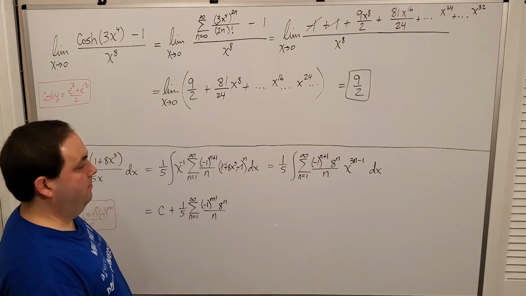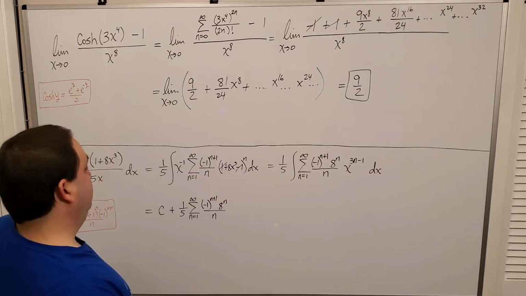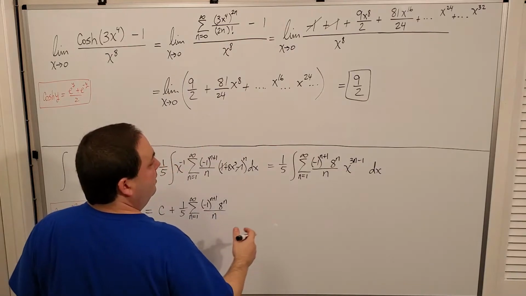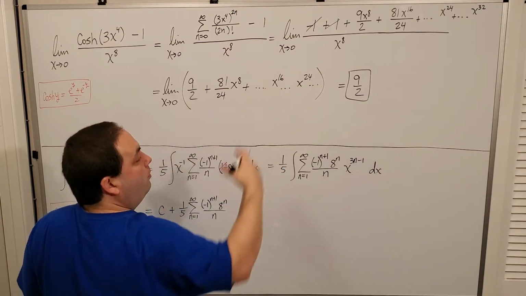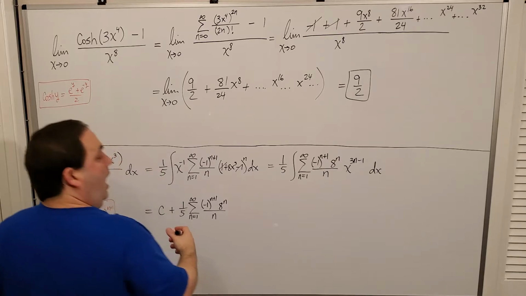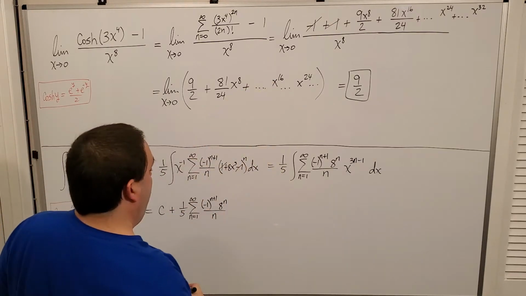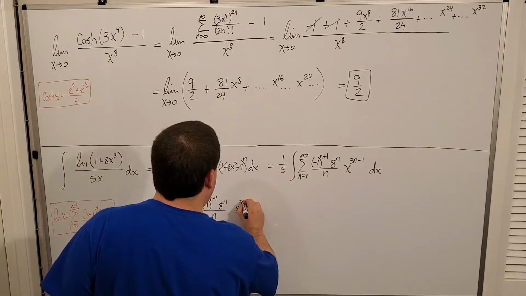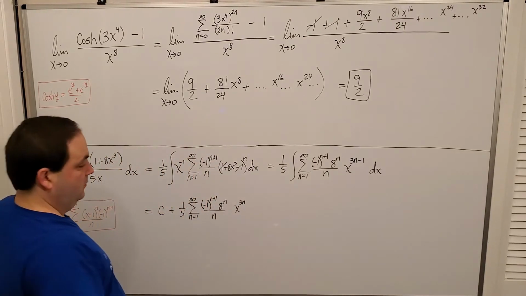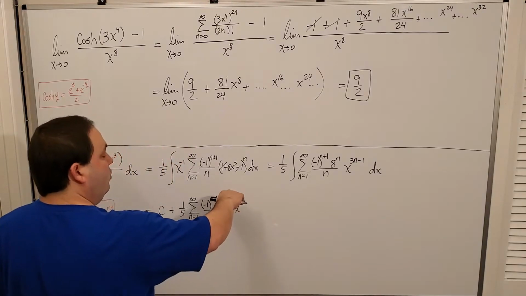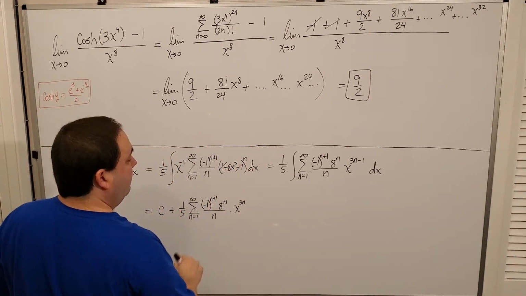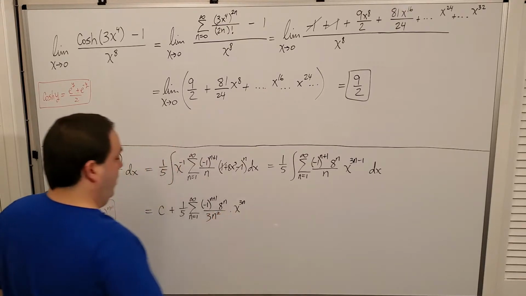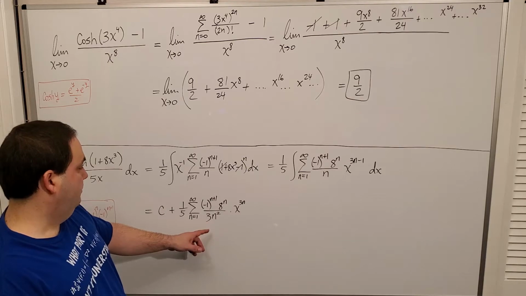All of that is the same. But now this is the part that needs to get integrated. It's going to go up 1 power, right? I'm actually going to make it increase a power to x to the 3n power, right? So it's times that. But remember, whatever you multiply, you also have to divide by the new power. So then I've actually got a 3n squared in my denominator here.